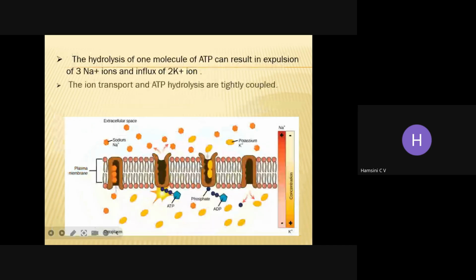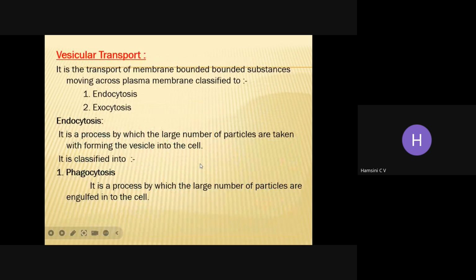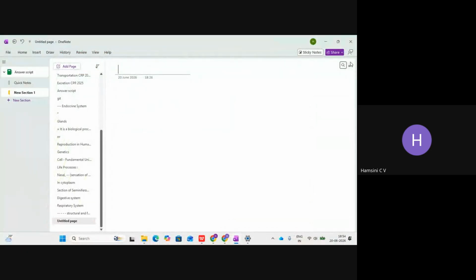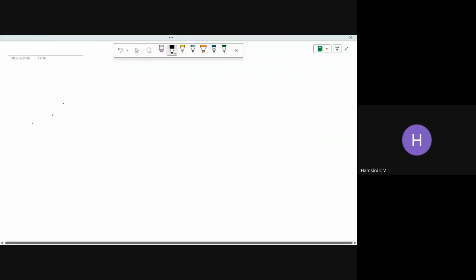Understood? There are two types now. Now I will explain. We have two types to know here. The first one, consider this is a cell.